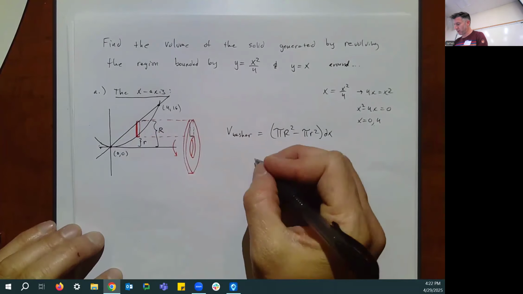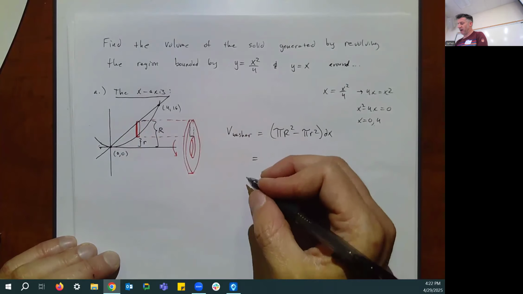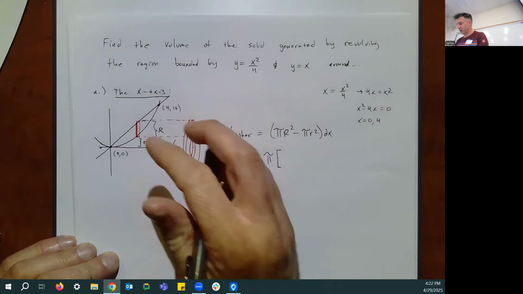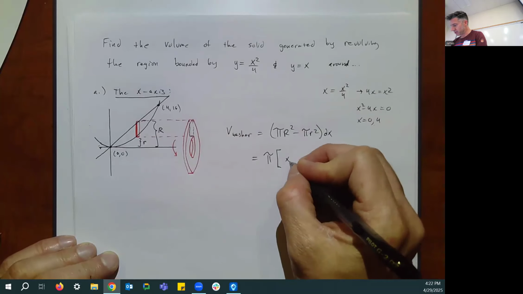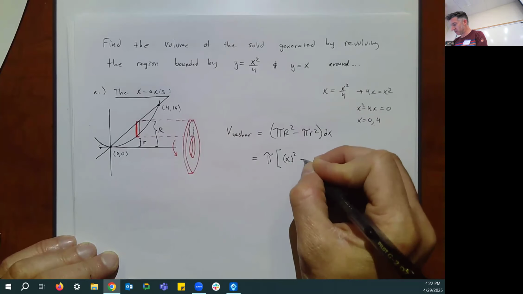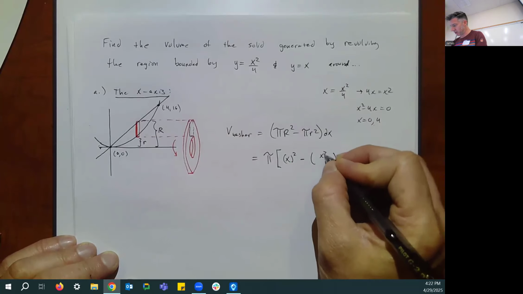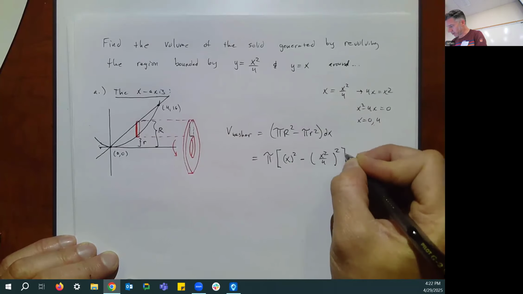So in this case, the volume of our washer is, we also usually factor out the pi, pi times my big radius squared, which is just x squared, minus my little radius squared, and my little radius is x squared over 4, squared.